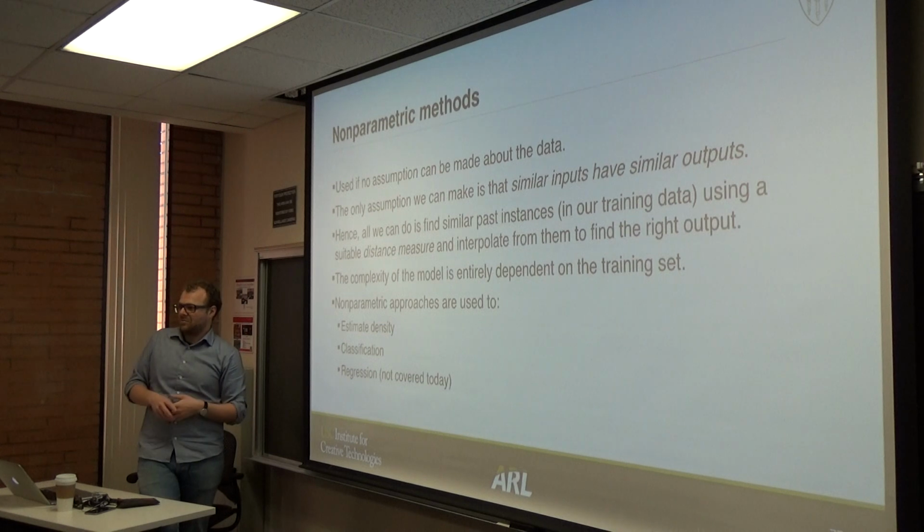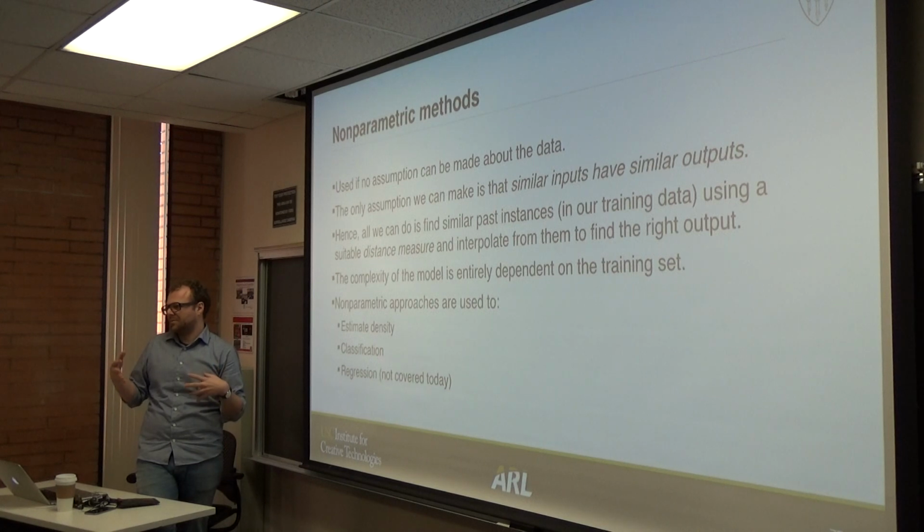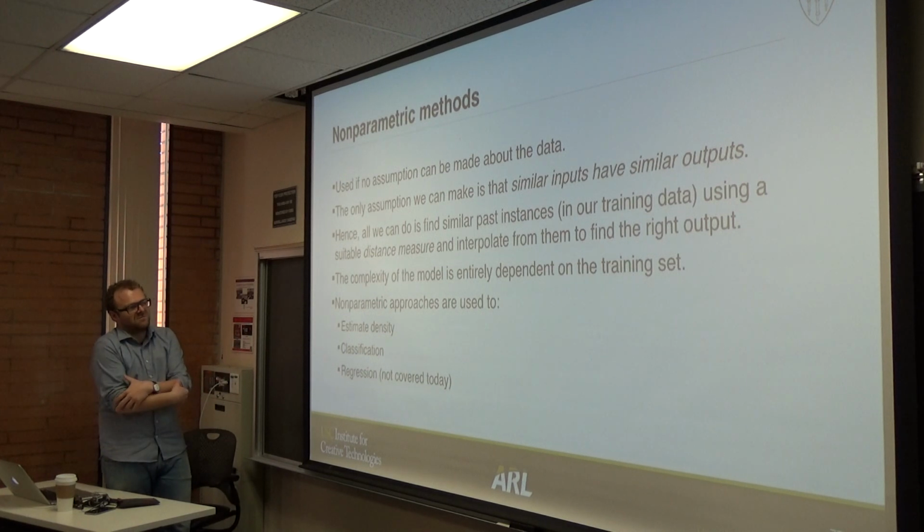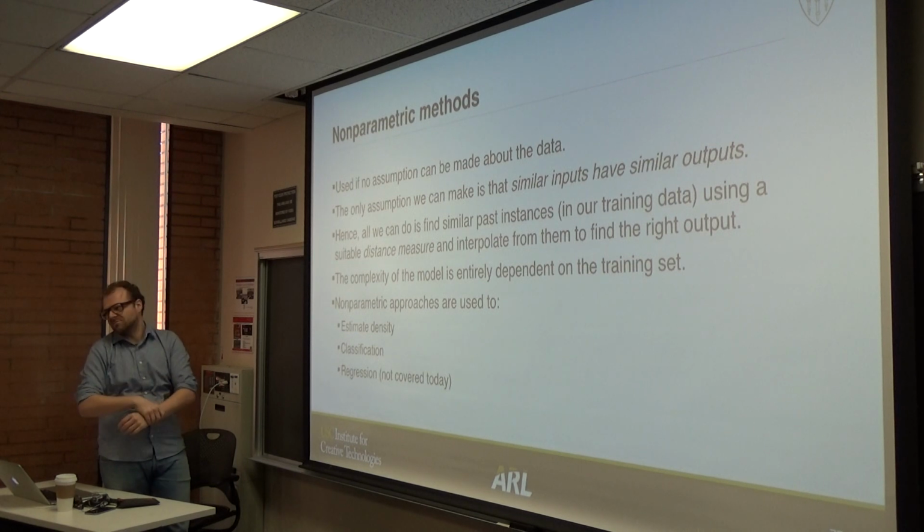Often we just use Euclidean distance, but then we also discussed last week that if we don't normalize our data, these distances might be dominated by one dimension over the other, and so we want to make sure that the distance metrics that we use are meaningful, okay? But most of the time we would use Euclidean distance. That's just very easy to write, but you're not restricted to that. You can use more complex ones.